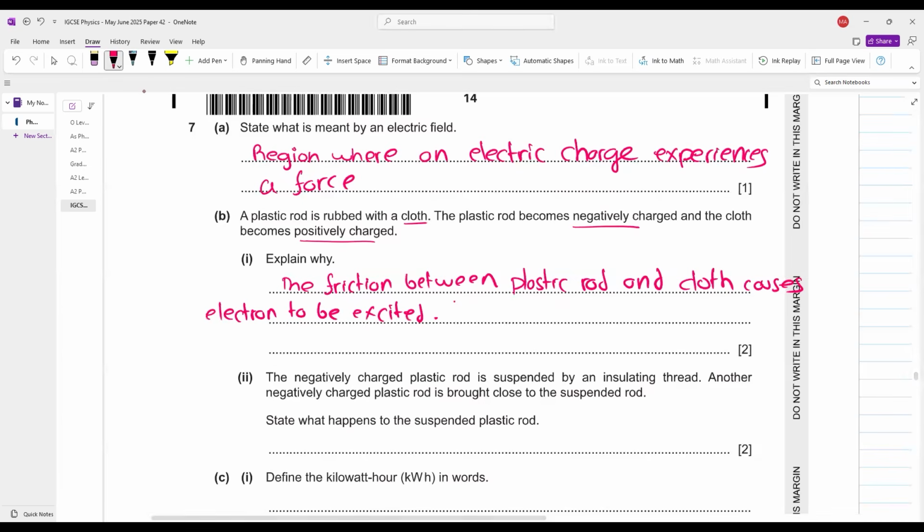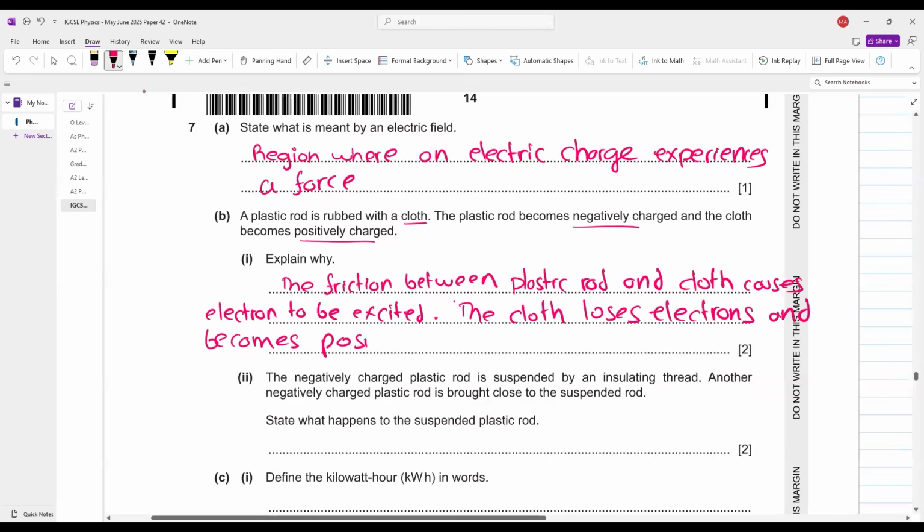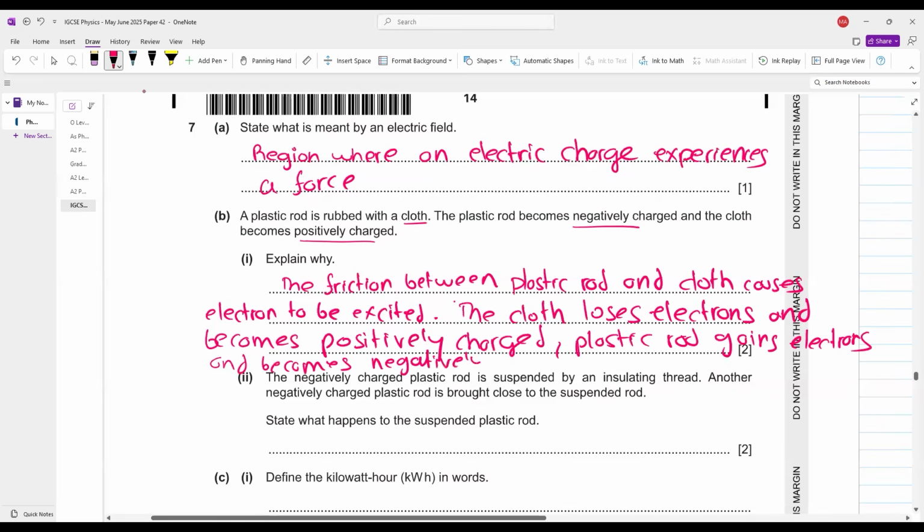The cloth loses electrons and becomes positively charged. Plastic rod gains electrons and becomes negatively charged. Simple. Let's further move ahead.